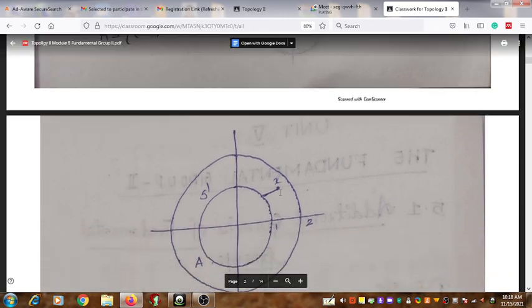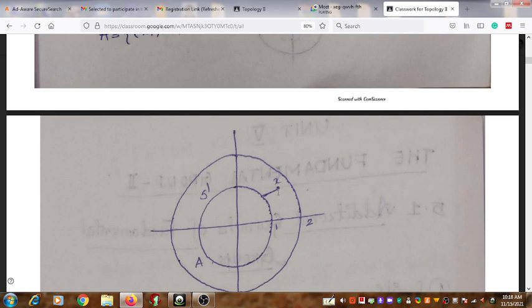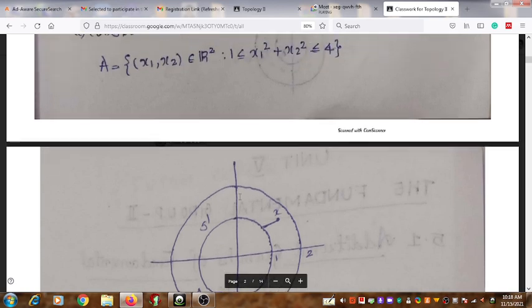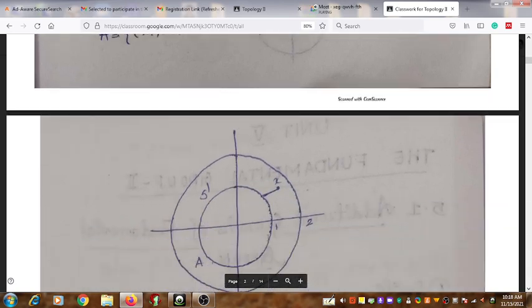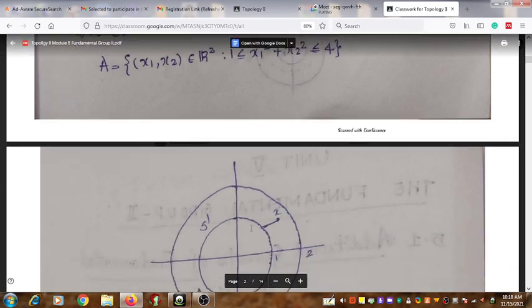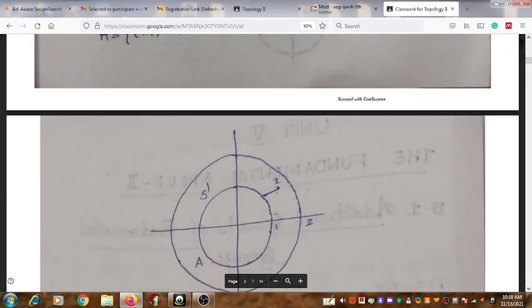If x is a point that lies outside the inner circle, where the inner circle has radius 1 and the outer circle has radius 2, what is the distance of x from the origin?